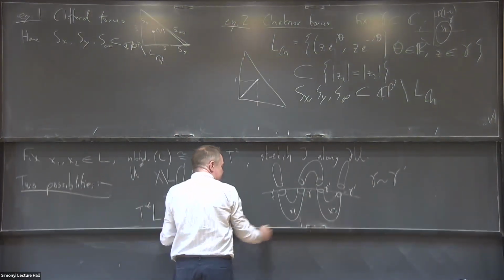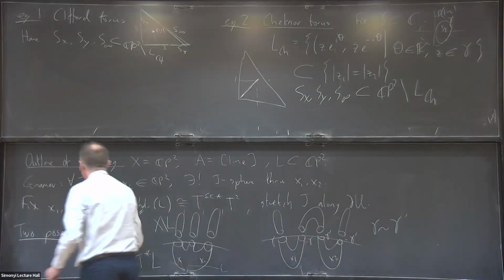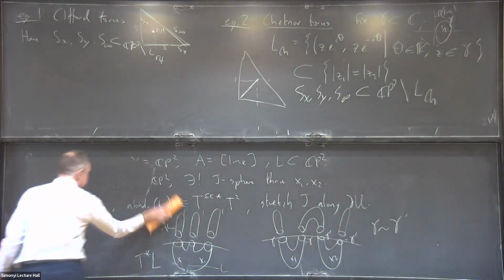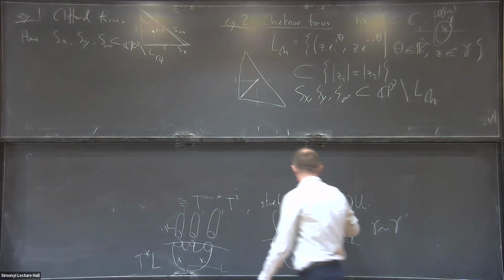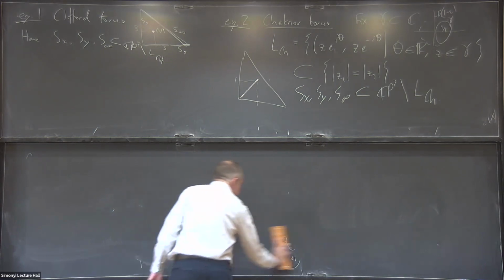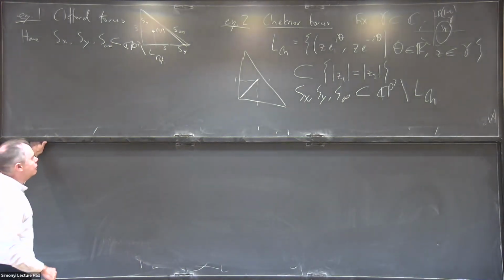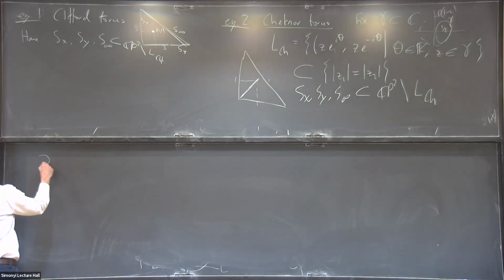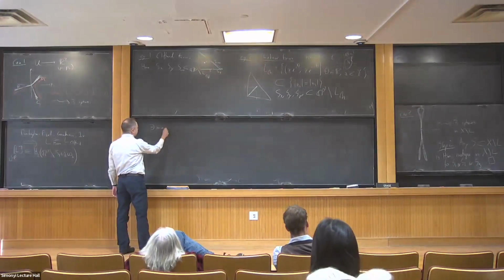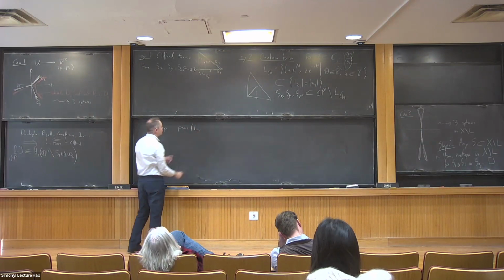So what we're up to is we want to relate tori in CP2 to tori in the ball. Next, there's a map where I input pairs.